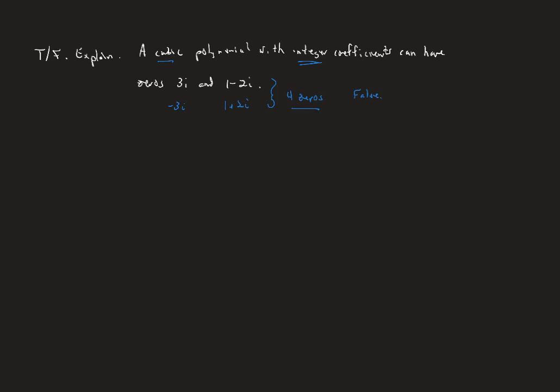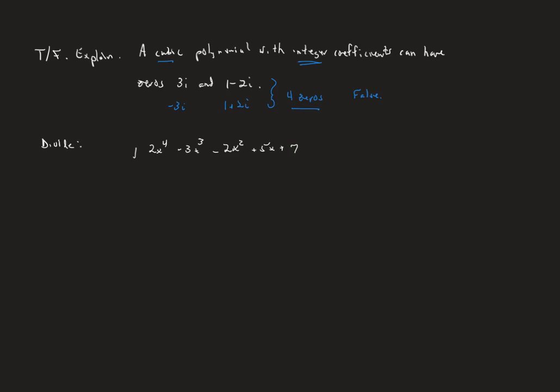Okay, let's try another example here. We're going to divide. Let's see if we can do some long division. We're going to divide the polynomial, I'm just going to write it in a more friendly form, 2x to the 4th minus 3x cubed minus 2x squared plus 5x plus 7.